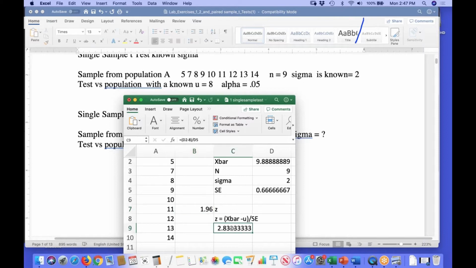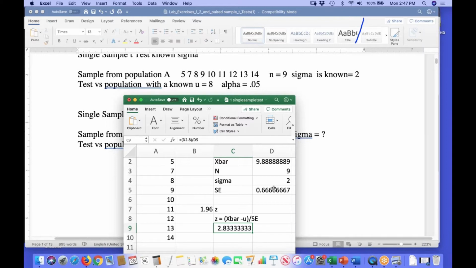In other words, I would get this big a difference in standard errors. These values would only be this far apart less than 5% of the time if the null hypothesis were true. I would only get this big a difference, given this standard error, less than 5% of the time, which means that I can reject my null hypothesis and be wrong less than 5% of the time.